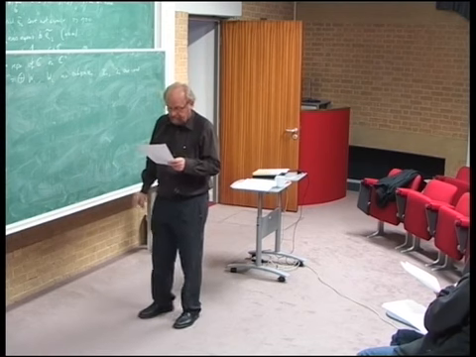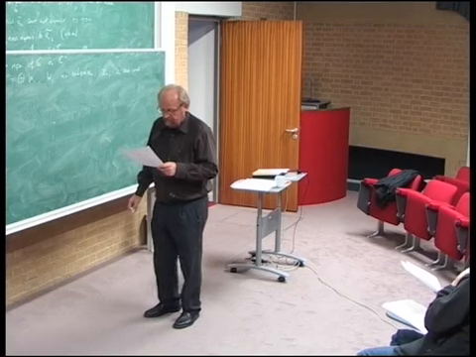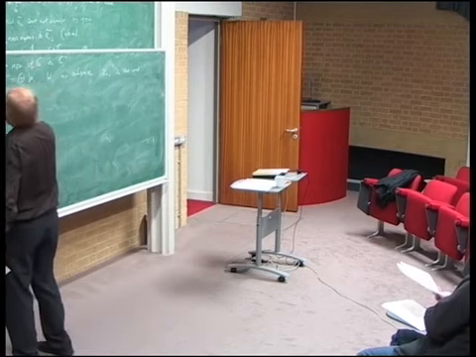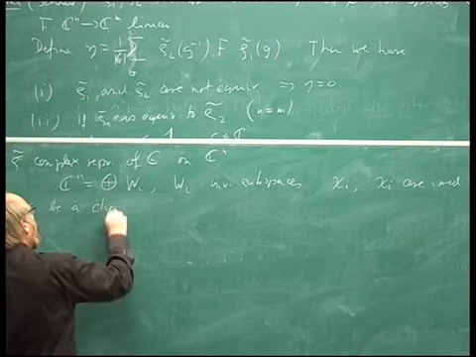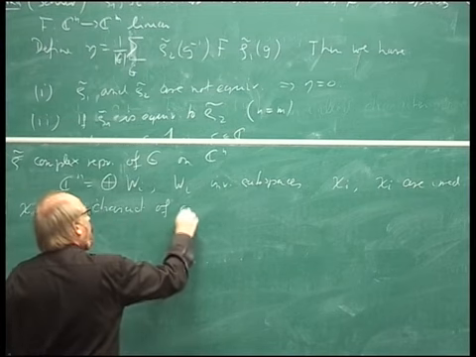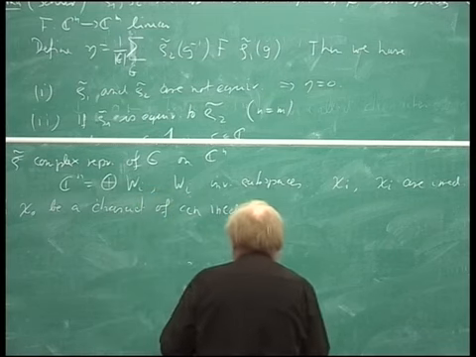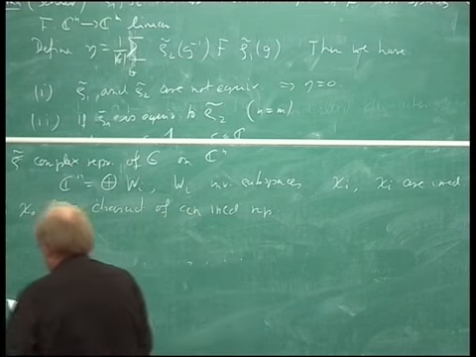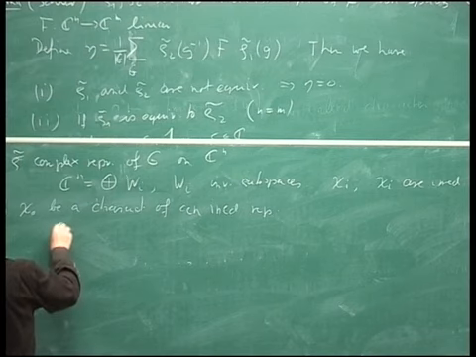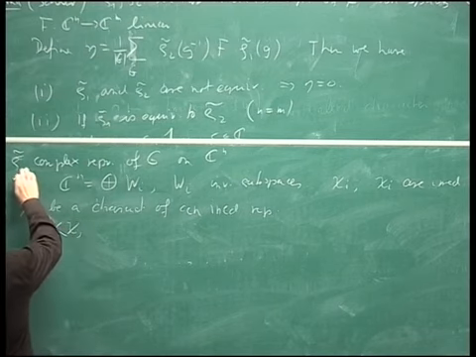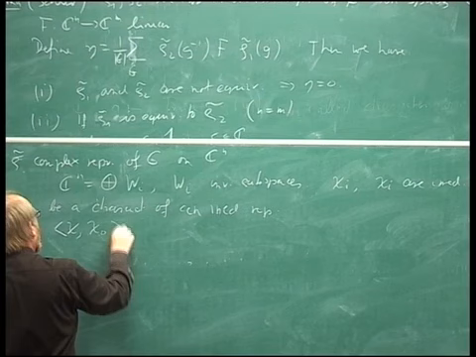Then I have another character, chi 0. Let chi 0 be a character of an irreducible representation, and then I look at the scalar product of chi, the character of rho tilde, with chi 0.